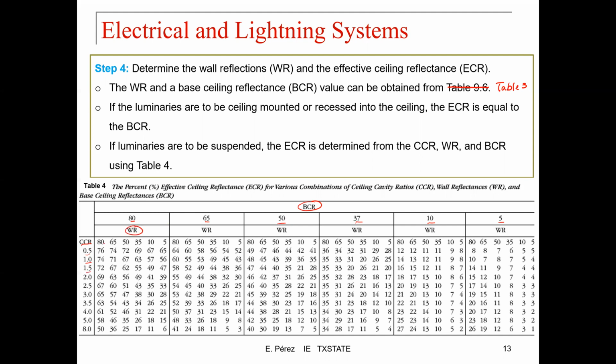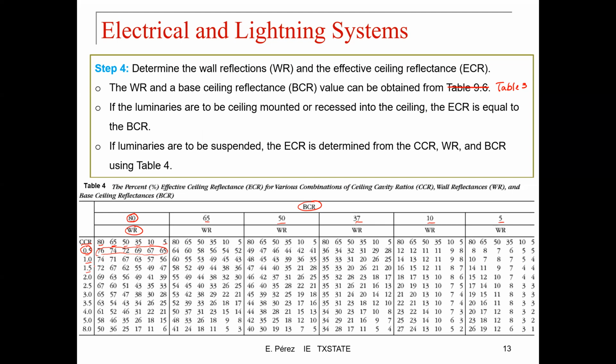And then WR is going to change depending. So if your BCR is 80 and your CCR is 0.5, then you're going to use this row here to determine, based on your WR, which is 80, 65, 50, 35, 10, what will be the value.